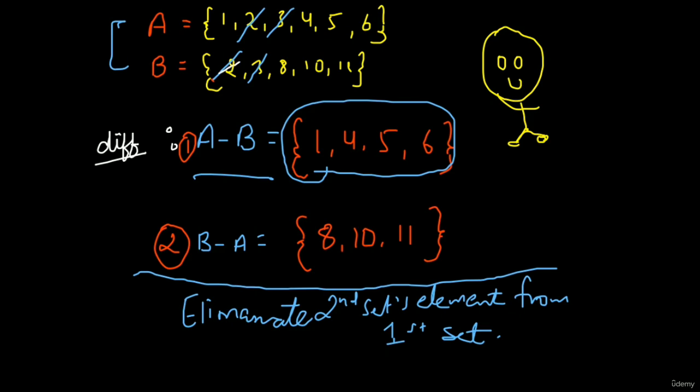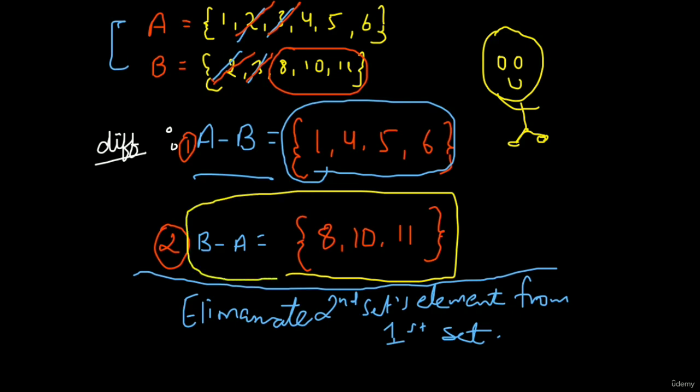No, it's not clear. Let's use the red color itself. So 2 gets cancelled out, 3 gets cancelled out, and what we are left with is 8, 10 and 11. So here is our answer, 8, 10, 12. So the difference B minus A is 8, 10, 12.